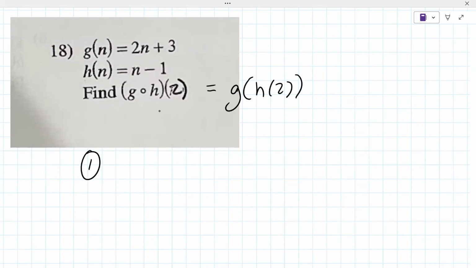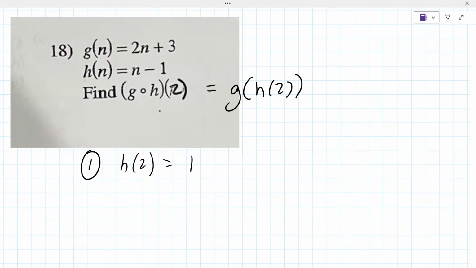What did we find first in all the previous problems? Yeah, the inside function. So what is h of 2? h of 2, let's see, 1.